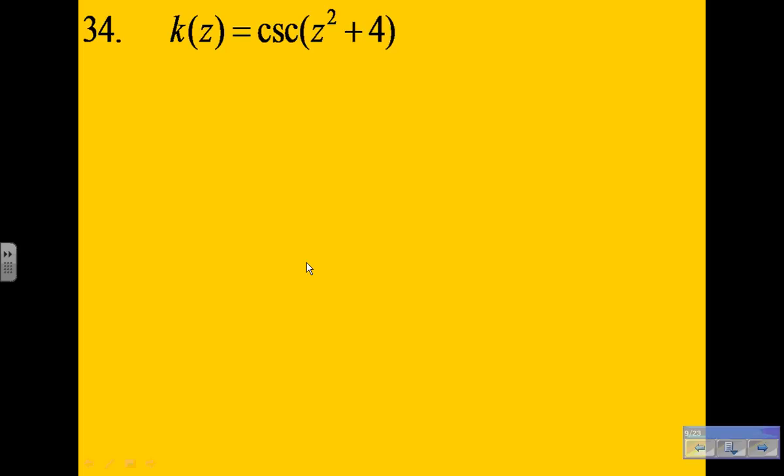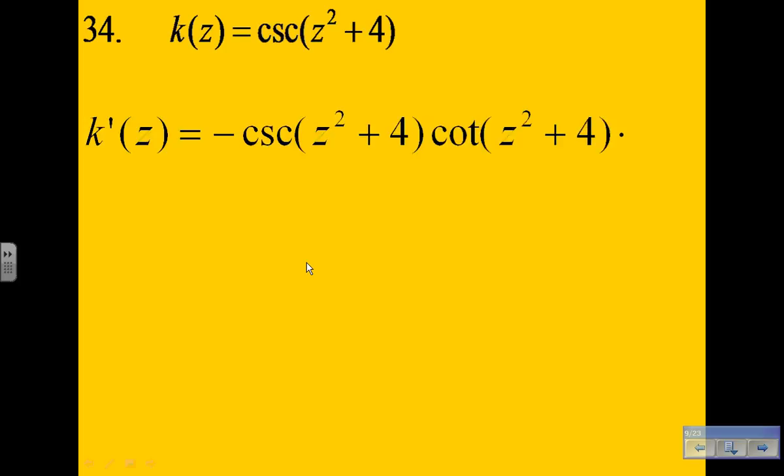So what's the derivative of cosecant? Negative cotangent cosecant, and the angle stays the same. So that's the first part. Now what's the derivative of the inside? 2z. And I think that's it.